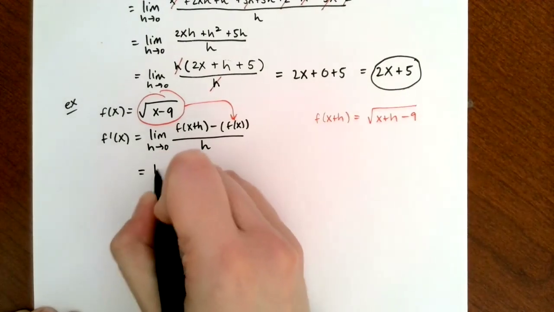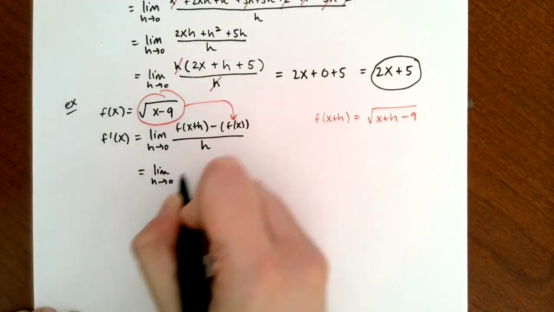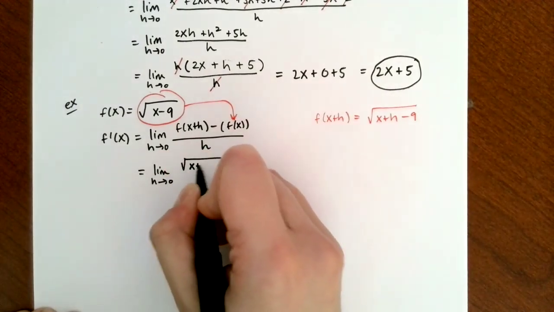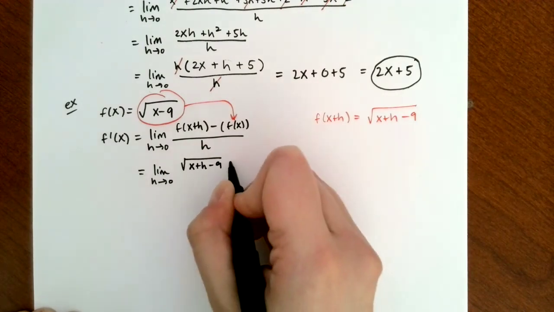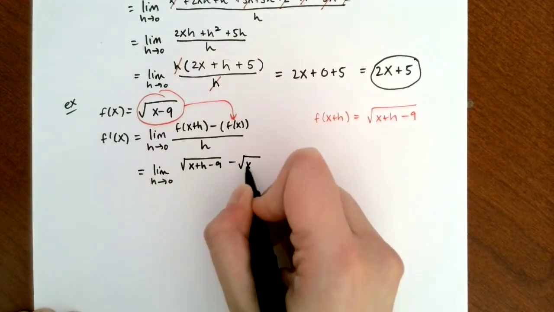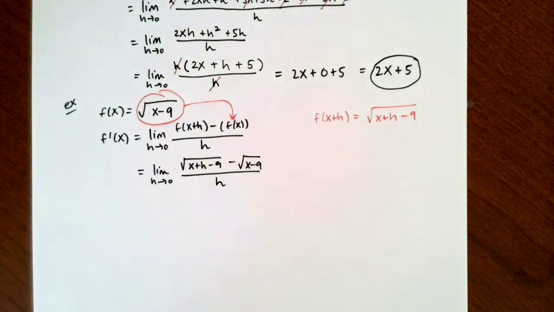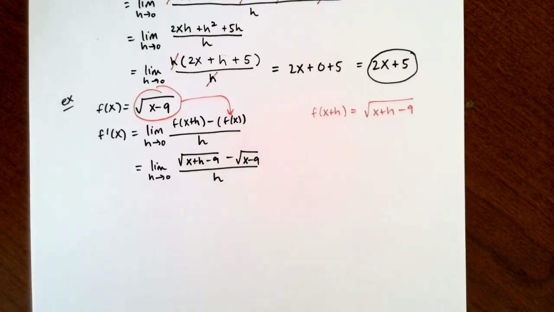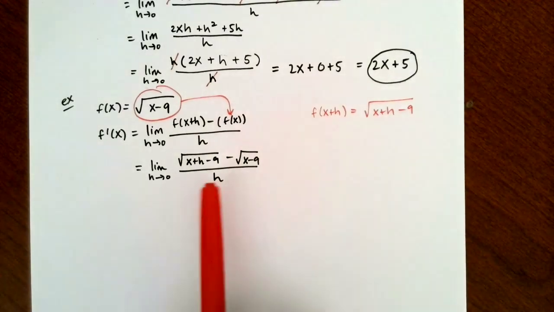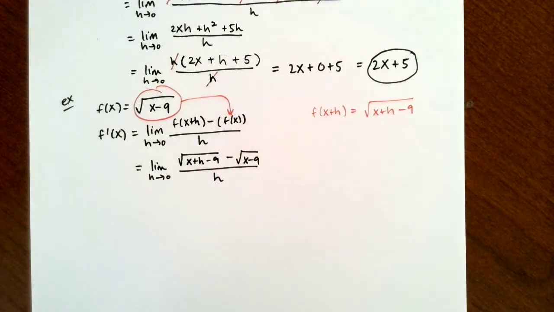All right, so that gives me the limit as h approaches 0, square root x plus h minus 9 minus square root x minus 9 over h. And again, we've seen enough of these that we're expecting a 0 over 0 limit. So we know that now that we're seeing square roots, we'll choose the conjugate trick to figure out the limit.